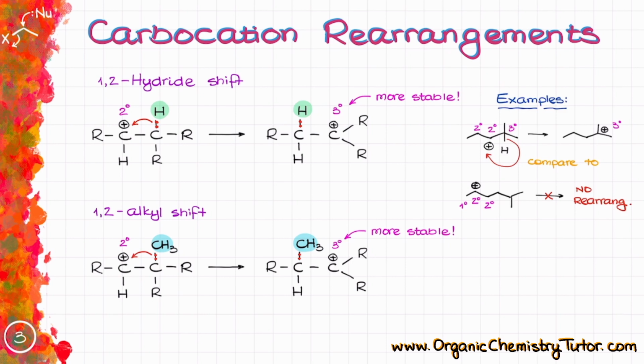So, for instance, here I have a couple of examples. In the first example, we can immediately rearrange the carbocation via the hydride shift to make a tertiary carbocation, which is more stable than the secondary that we currently have. And notice that although I am not showing the hydrogen that I am moving, it is at the new place.